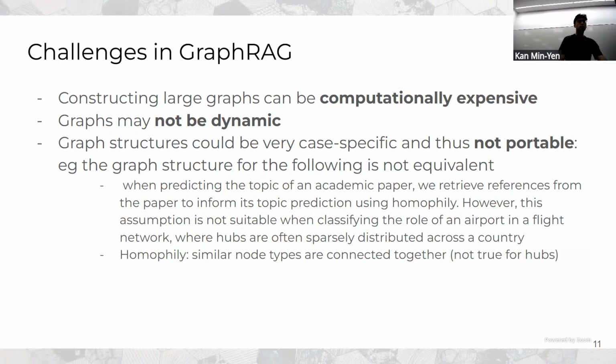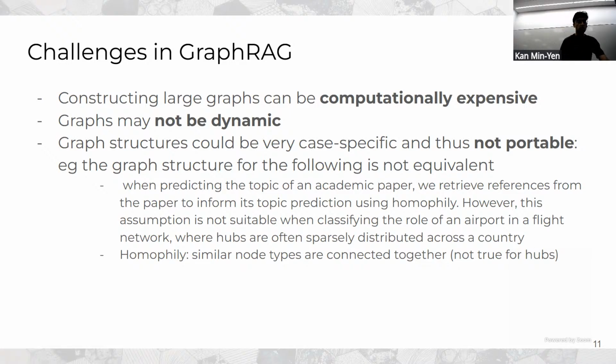Graph structures could be very case specific, and therefore GraphRAG need not be very portable. An example of this is if you consider the structure of nodes like airports that are hubs and spokes. Airports that are hubs are not generally connected to each other.